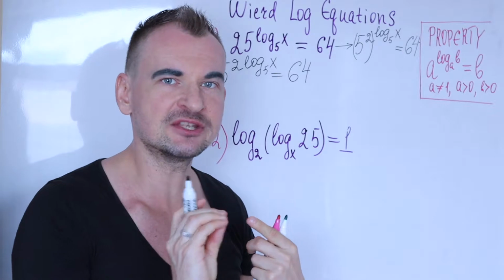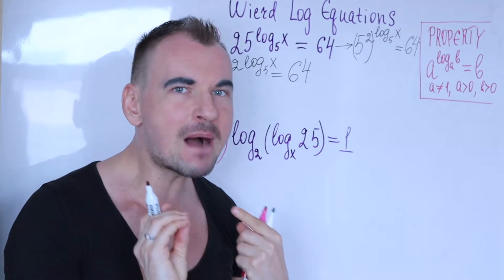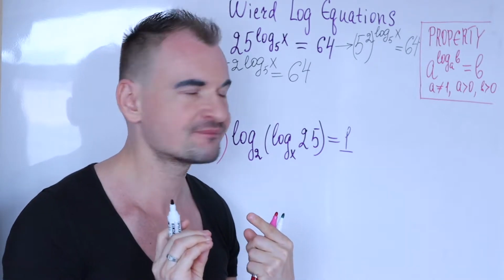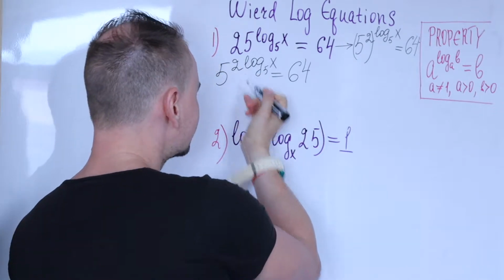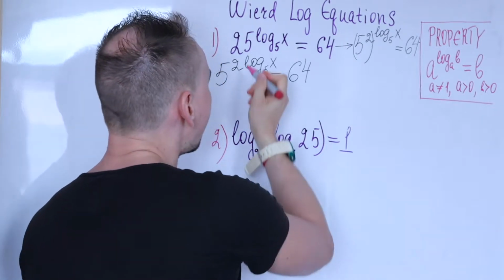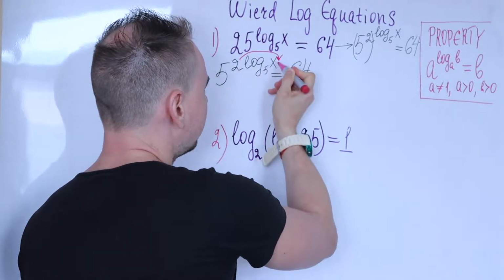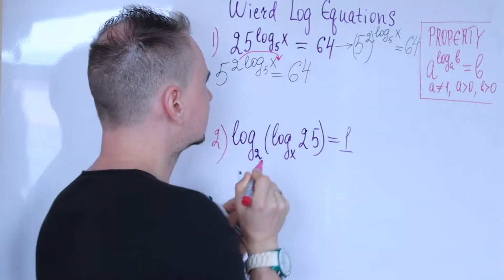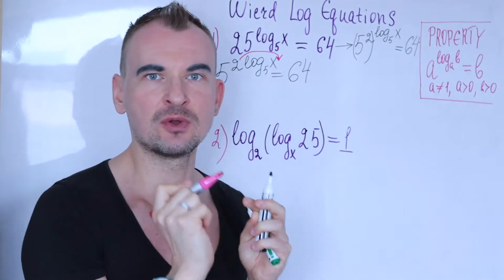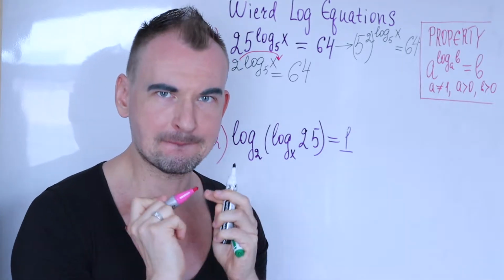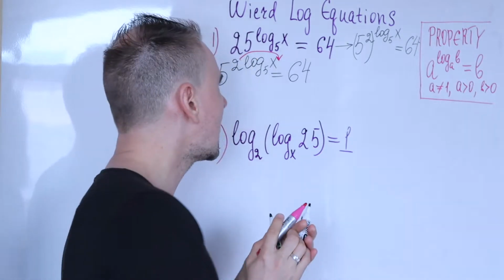To get rid of this, we could use just the power property for logarithms. And this 2 we can bring up as a power for the argument, for x, for whatever you have inside of your logarithm, by using the power rule for logs.